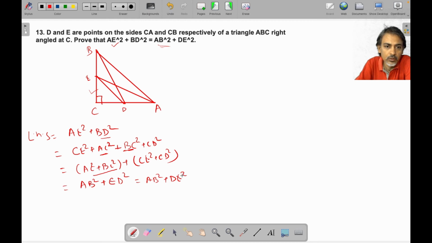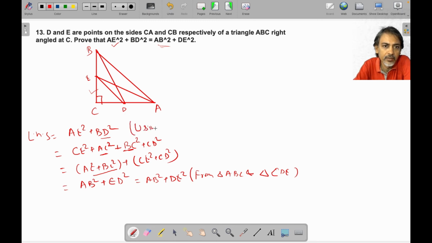So maybe you want to write from triangle ABC and triangle CDE. Here as well you could write in detail as to which triangle you have looked at and then how did you arrive at it.